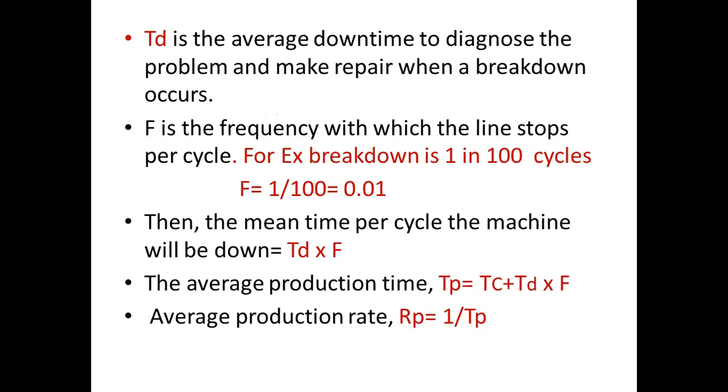So as I said, TD is the average downtime to diagnose the problem and make repair when the breakdown occurs. This we have to consider, and it must be added with the multiplication of F in the total production time, the average production time. F is the frequency with which the line stops per cycle.